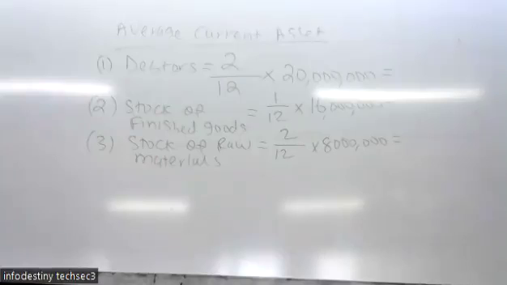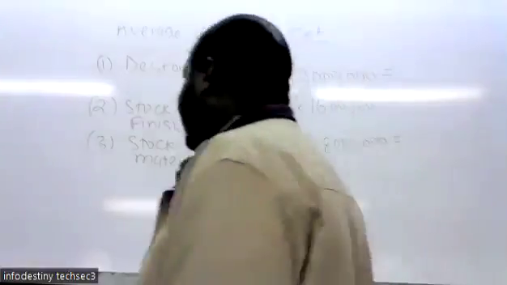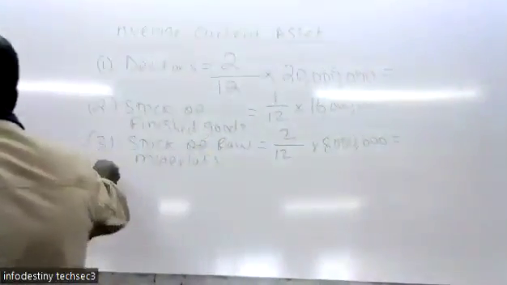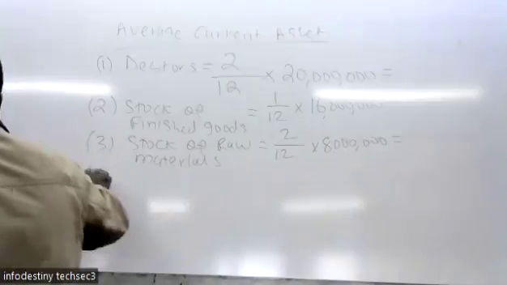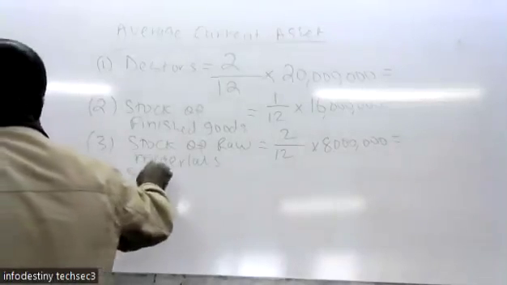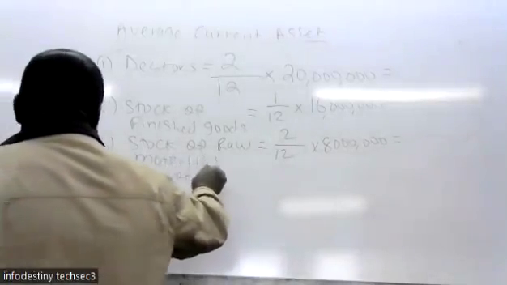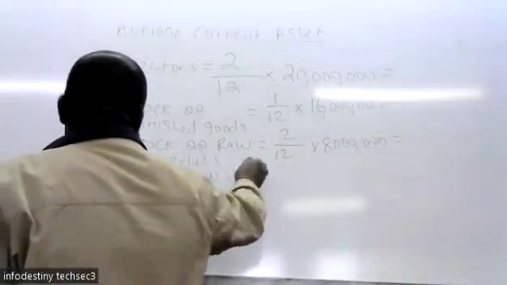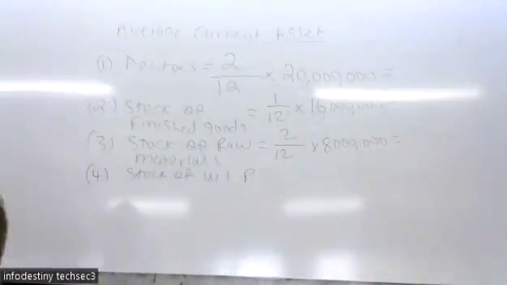Apart from the stock of the raw materials, we go to number 4, which should be the stock of the work in progress.